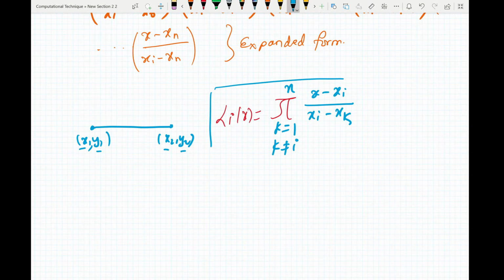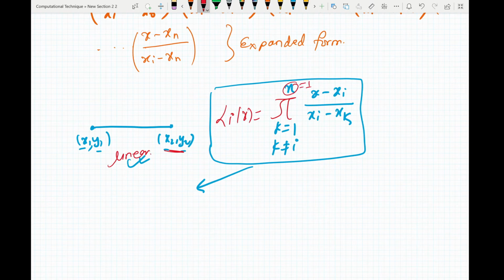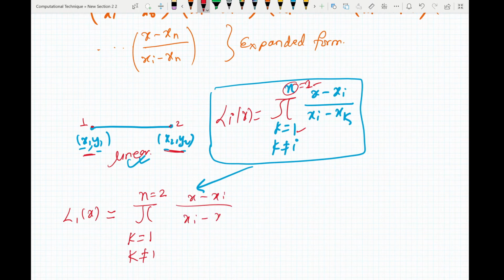Now let's open this. For this case, we know that it's going to be linear, so n will be equal to 2, where you have the number of terms here, starting from 1 to 2. So your L1(x), that's the shape function for this node here, this is 1, this is 2, will be equal to the product of k equals 1 to n equals 2, where k not equal to 1, of (x minus xk) over (xi minus xk).